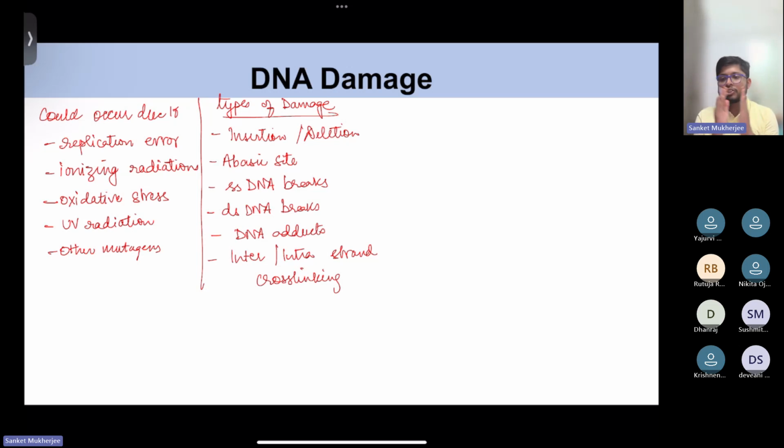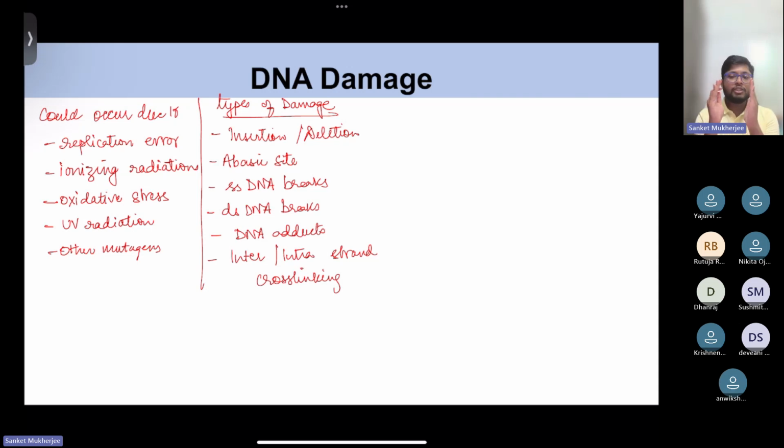If you remember Chargaff's rule, A forms a double bond with T and G with C. But sometimes, within the same strand, there could be a cross-linking which can happen, or there could be cross-linking between these two strands, but not parallel to each other, not base to base on the same stack. It could happen on two different bases. They can cross-link. And these kinds of cross-links are DNA damages. It has some implications. We'll study about it in detail.